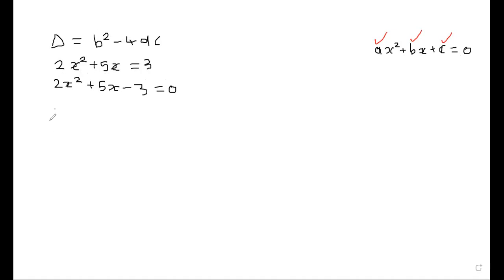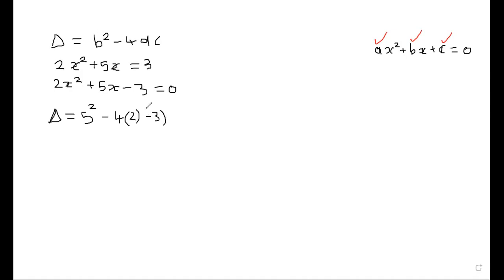So the discriminant, if we apply it now, will be b squared. B is the number next to x, which is 5 in this case. Minus 4 times a. A is the number next to x squared, and it is 2 in this case. And then c is the constant here, which is negative 3.